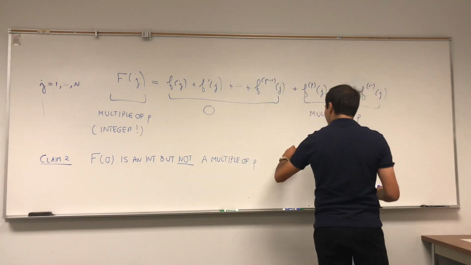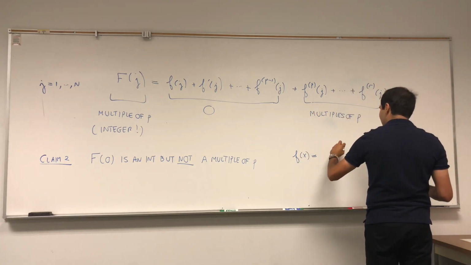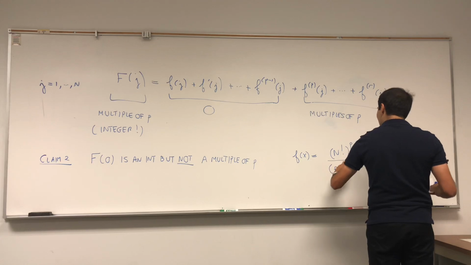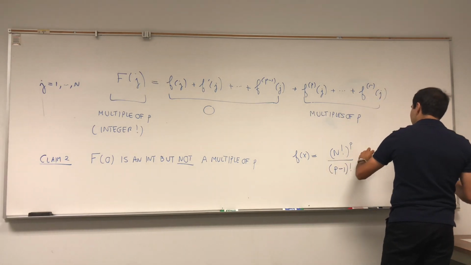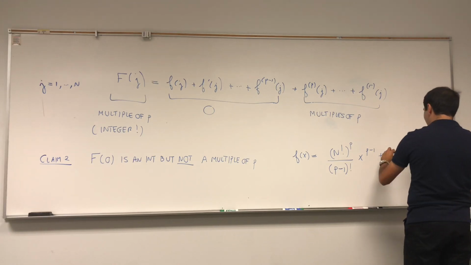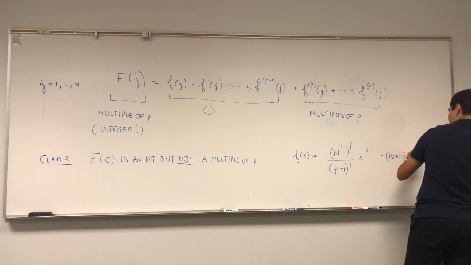I'd like to remind you, what was f of x? Well, f of x, at least the expansion, was n factorial to the p, over p minus 1 factorial, x to the p minus 1, plus other terms, blah x to the p, plus dot dot dot.